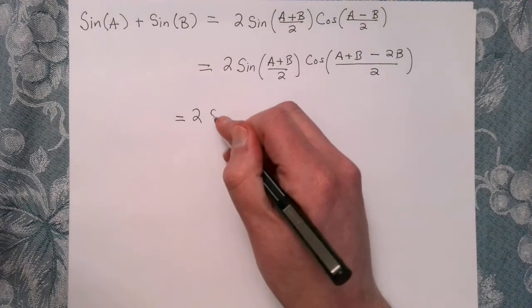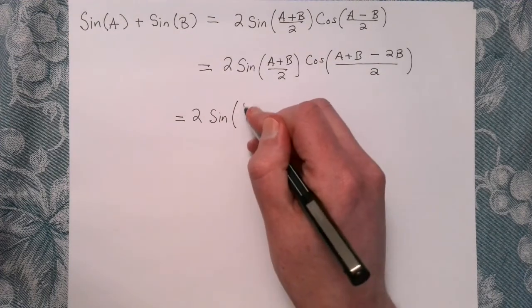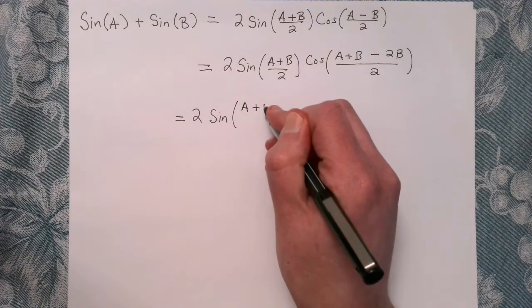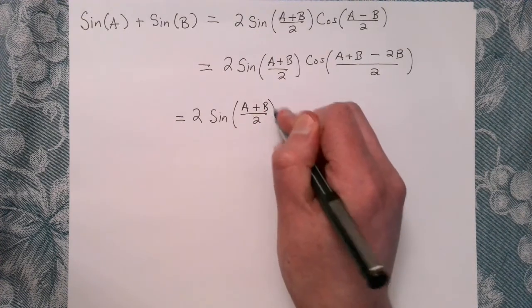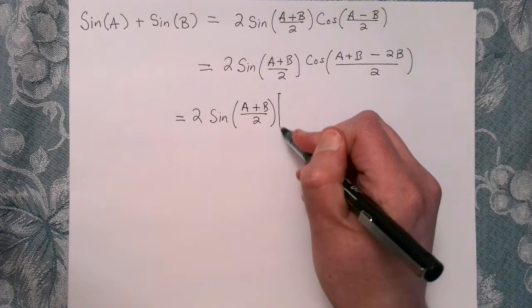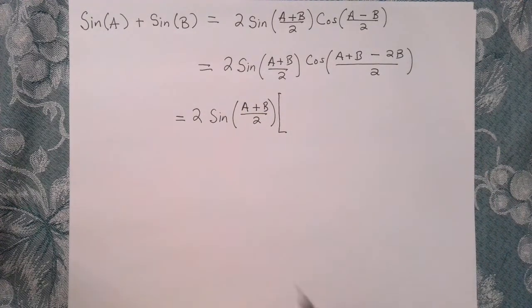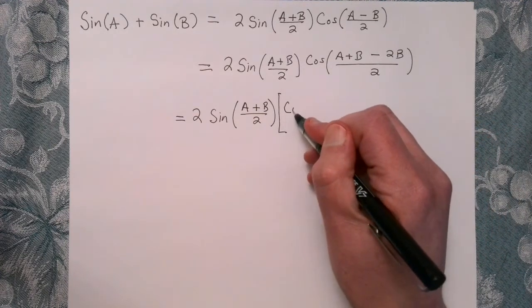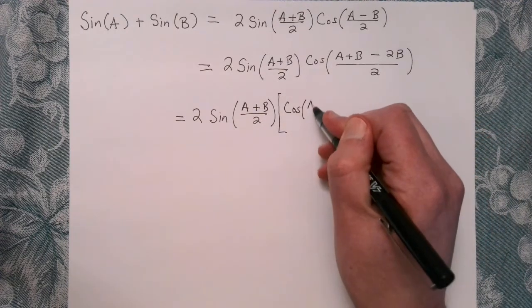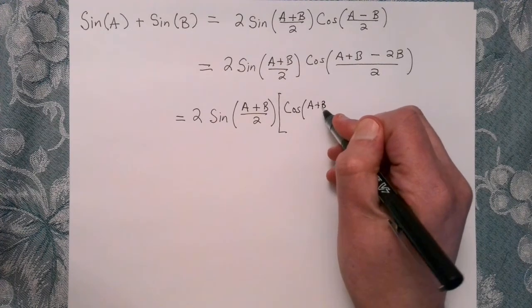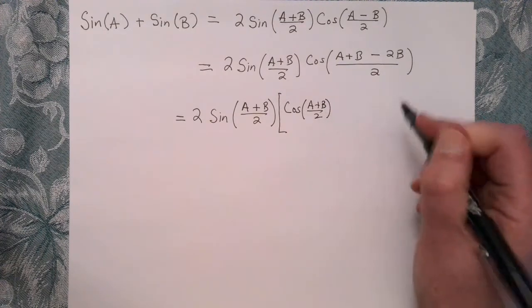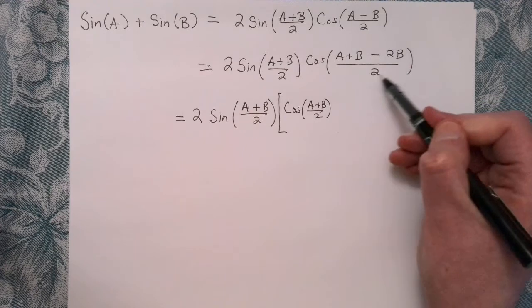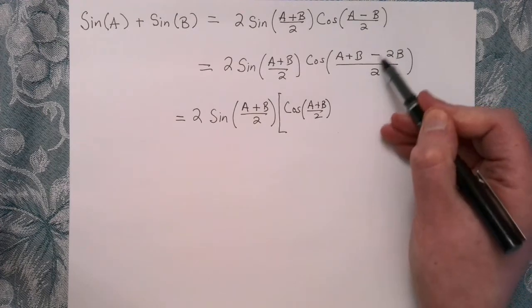So we still have this 2 sine of a plus b over 2. And then, by the cosine of the difference of angles formula, we're going to have cosine of the first, so cosine of a plus b over 2, times the cosine of this angle, but this will reduce down to the cosine of b.